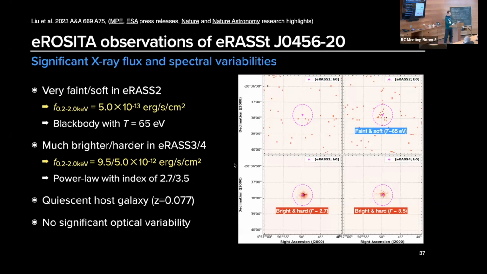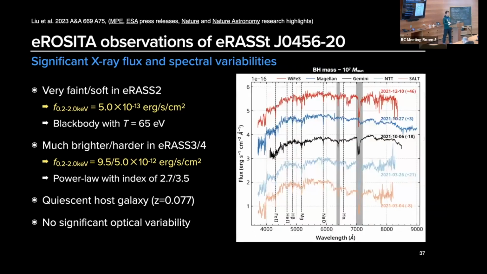The system wasn't detected in eROSITA-1, and then it was detected as a faint soft source in eROSITA-2, which then brightened 6 months later, and was also bright and hard in eROSITA-4. This system is associated with a quiescent host galaxy, which has not shown any signs of AGN activity in the optical spectrum when we followed it up.